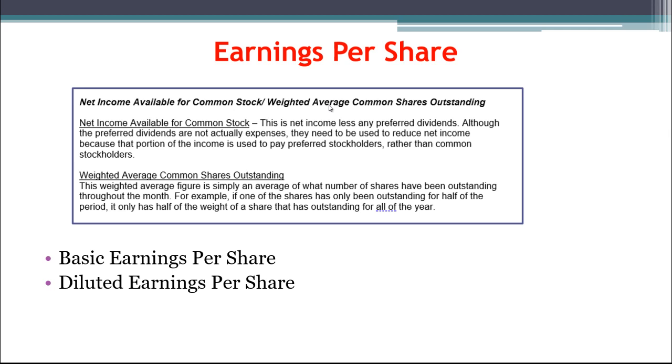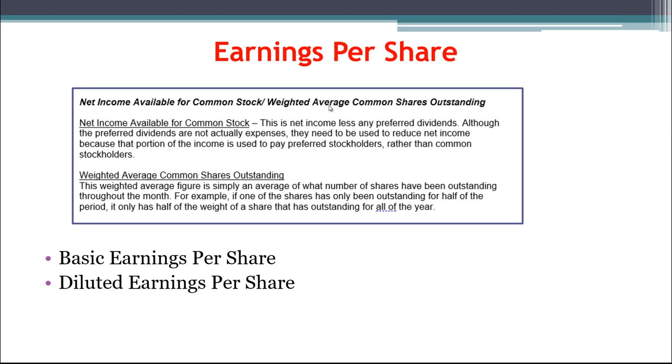Now, if this company has 10,000 shares throughout the entire year and it's never changed, then yes, it's just simply going to be the ending balance. But let's say they had 4,000 shares for half the year, and then 6,000 shares for the next half. So they had that 4,000 throughout the entire year, and then they added 6,000 shares in the last half of the year.